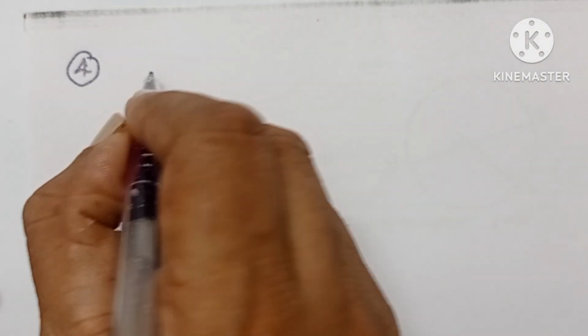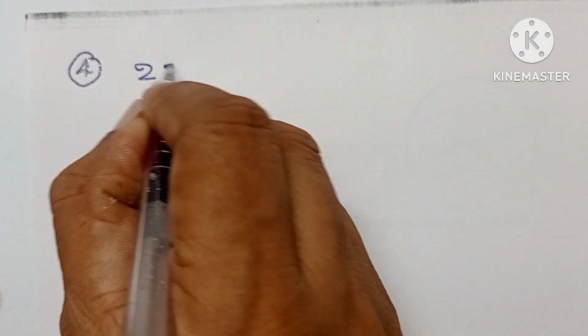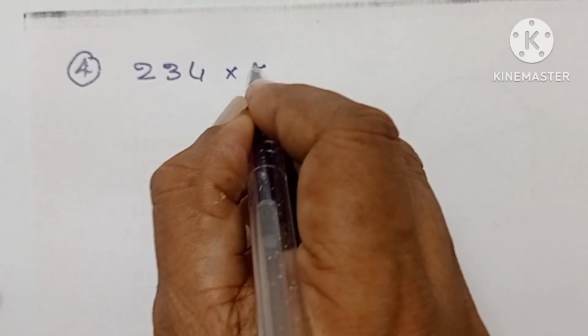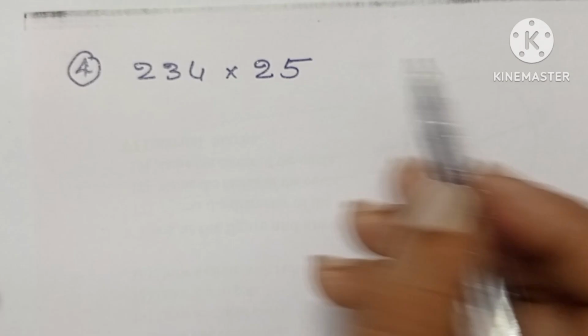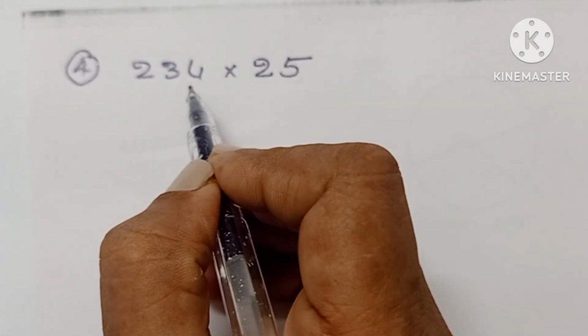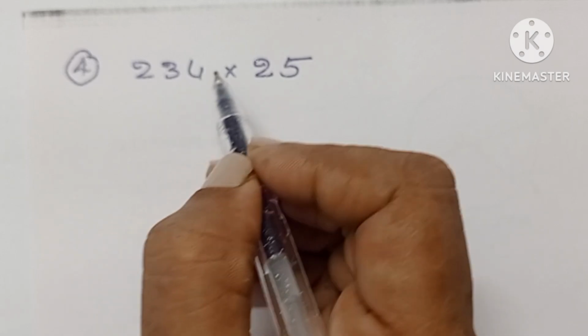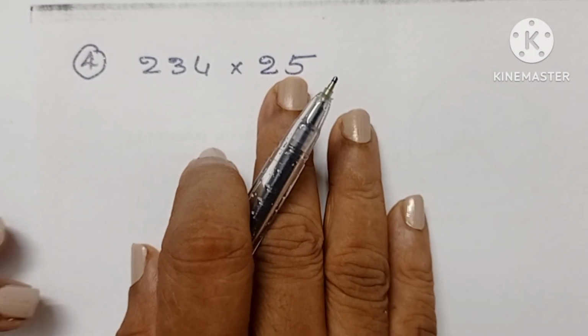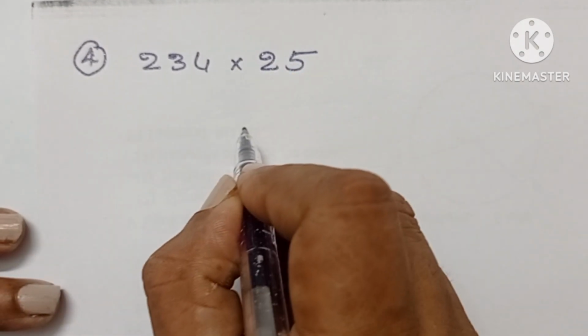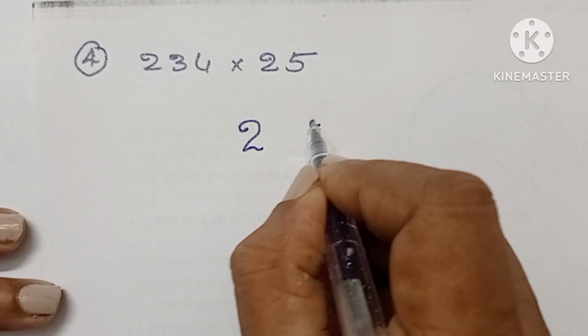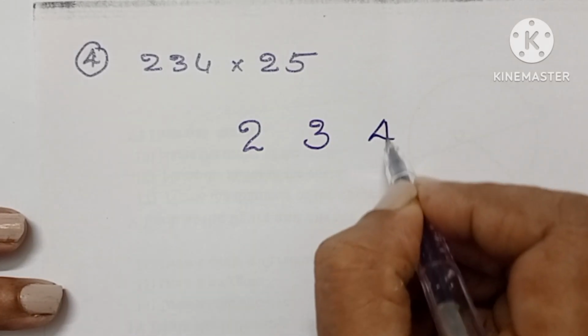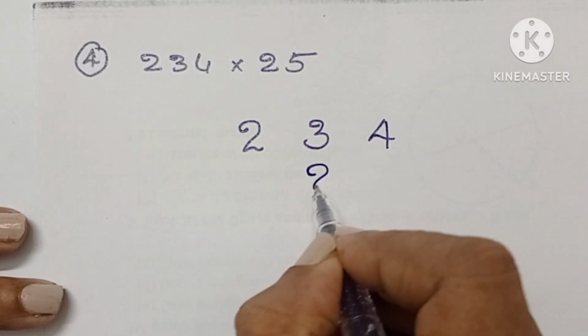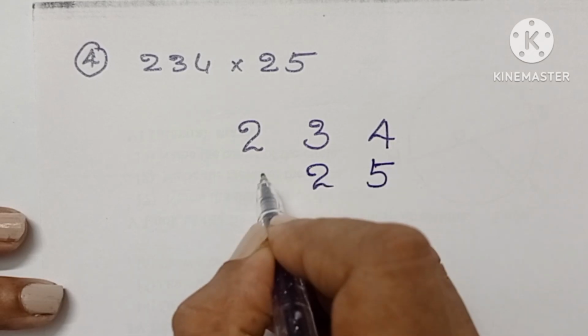The fourth question is 234 into 25. Now 234 is a 3-digit number. We are multiplying with a 2-digit number. 2, 3, 4, 234 into 25.